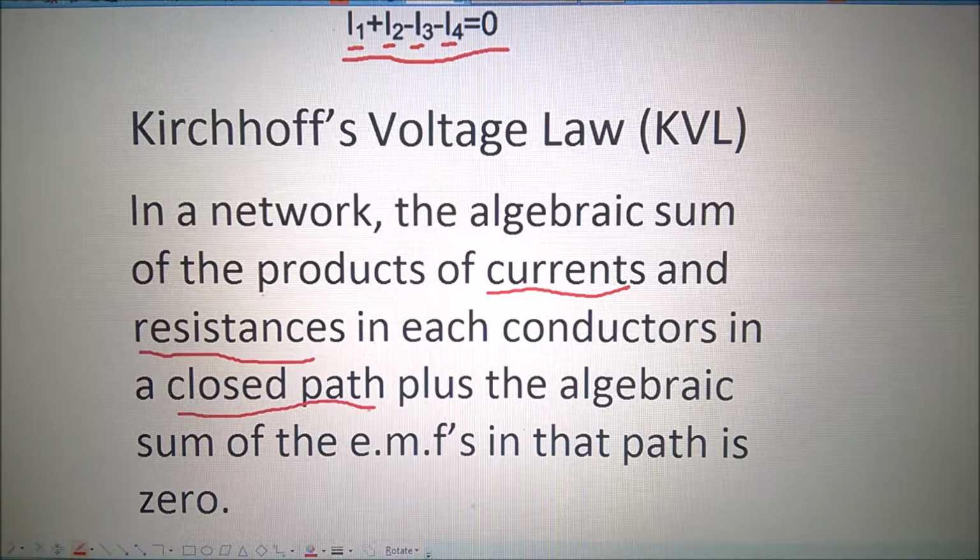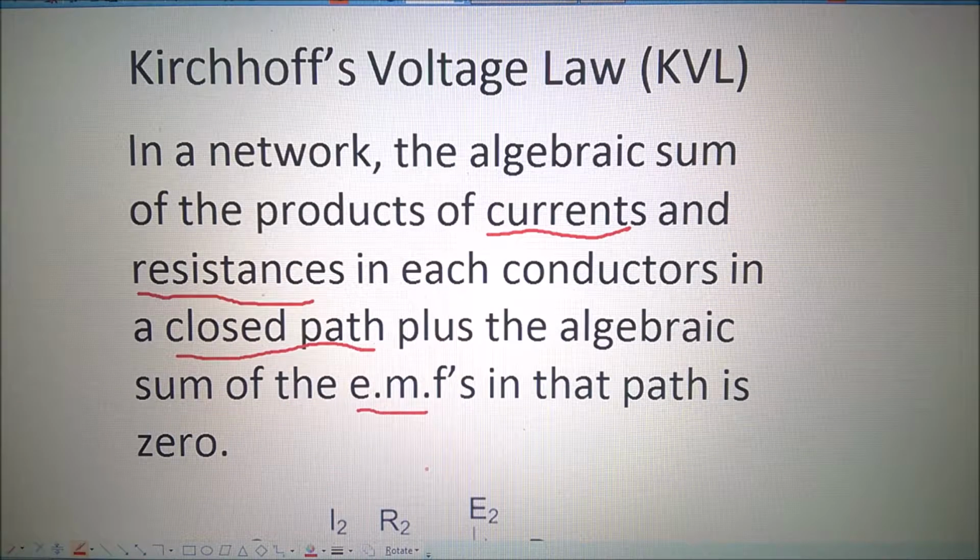That means the products of I into R in that branch, plus the algebraic sum of the EMFs in that path, is 0. We'll take a circuit and understand what the actual meaning of that is.